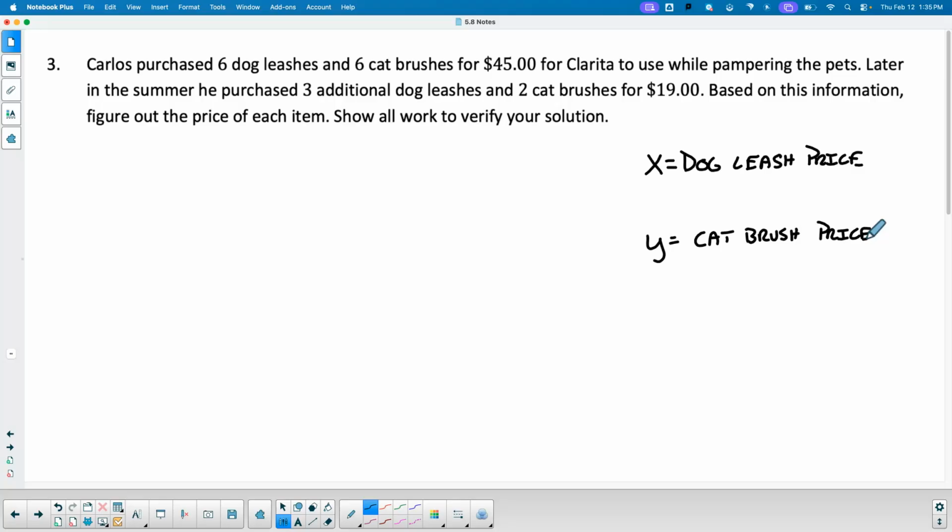If you flip them around, that's fine. But you gotta have them on there so that we know which one's which. Okay? So 6 dog leashes, so that's 6x. 6 cat brushes is 6y. And Carlos spent $45. Clarita later in the summer purchased 3 dog leashes and 2 cat brushes for $19.